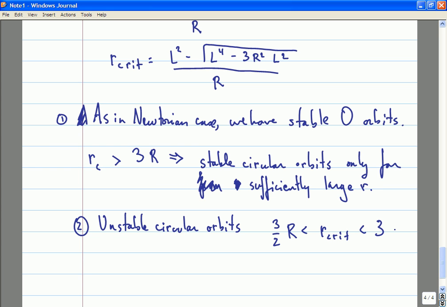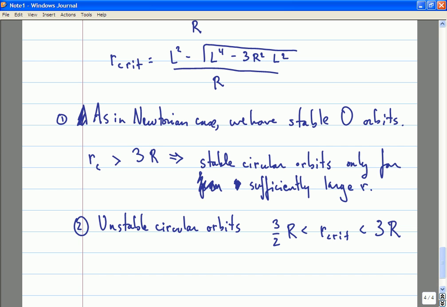So you can actually see that the radius of the unstable circular orbit is always relatively close to the Schwarzschild radius. So when L is equal to root 3 R, of course, R crit is equal to 3 R, just like the radius of the circular orbit.